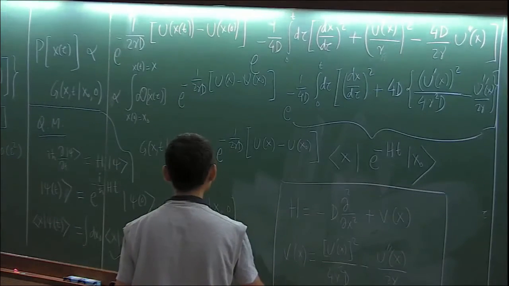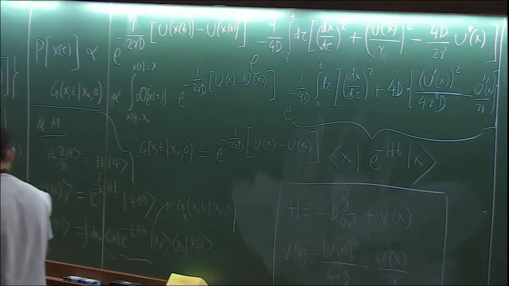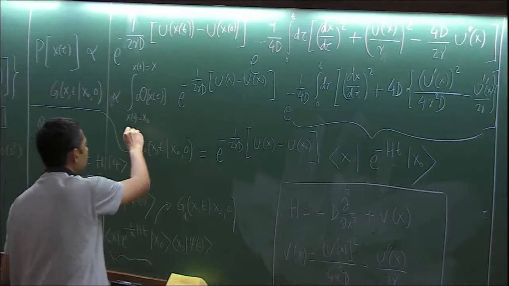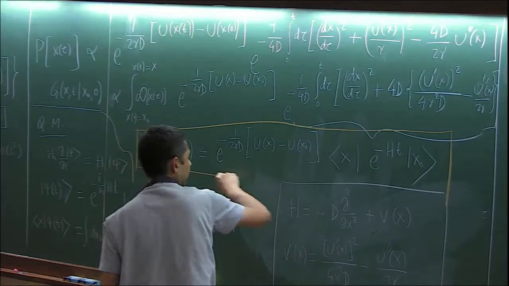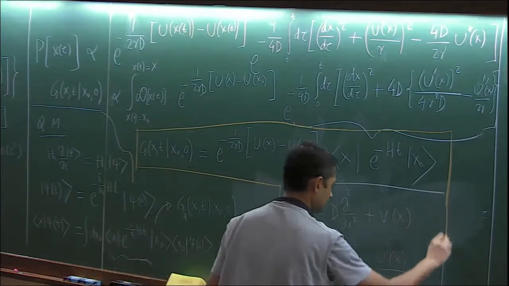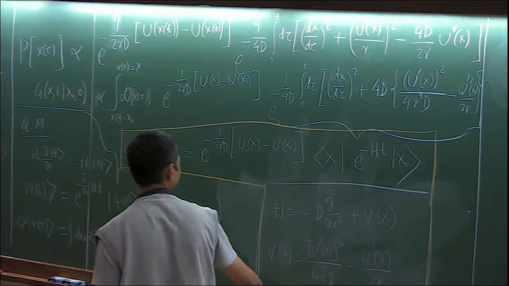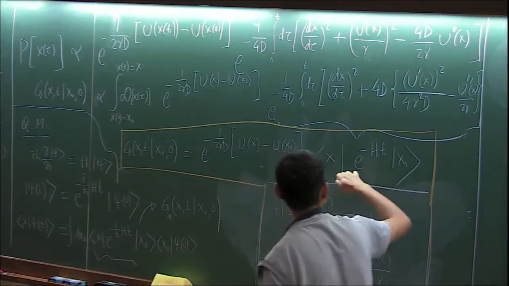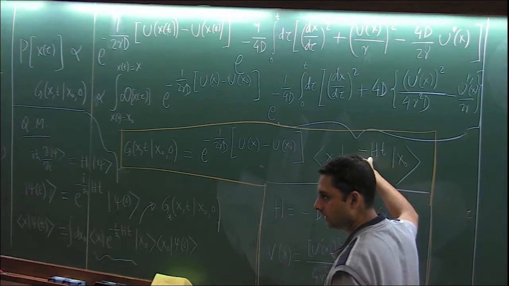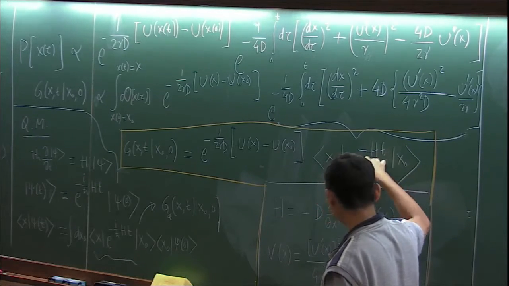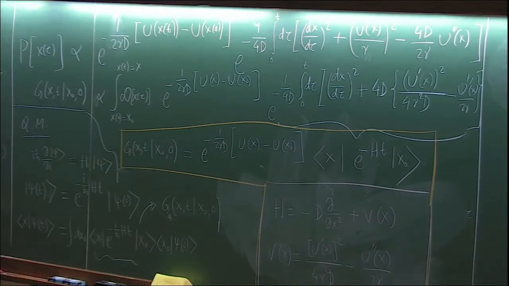Okay, so let me just write down this equation. We should put it in a box. So we have this classical propagator, which is given by this, then the quantum propagator with i over h cross t replaced by t, where the Hamiltonian is given by this. So let's take the example of a free particle.